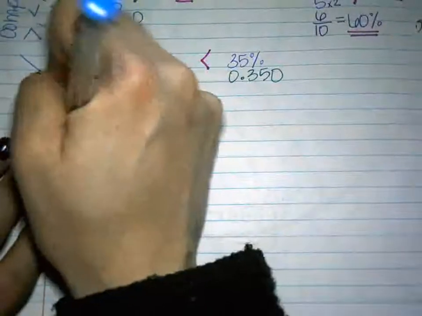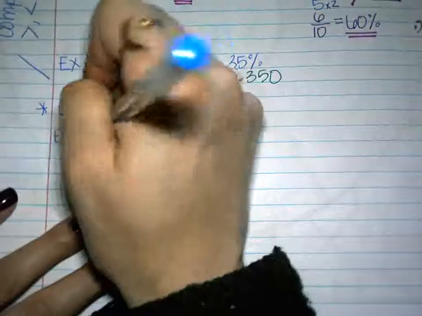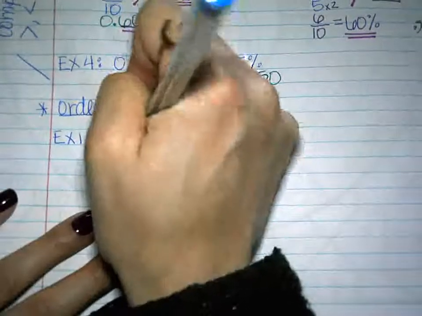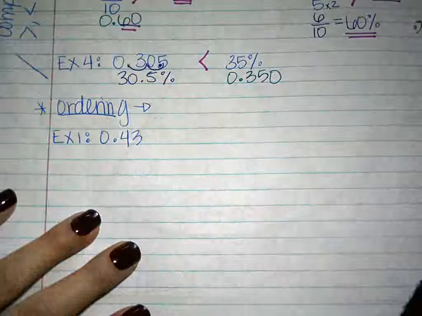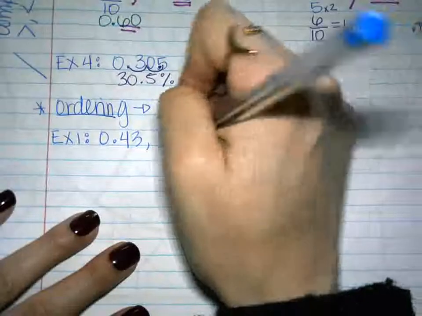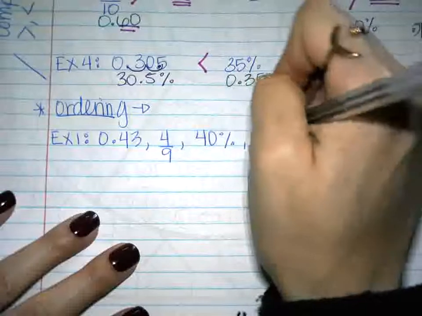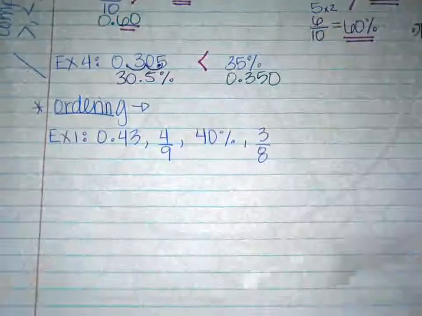You'll be given something like this: 0.43 or 43 hundredths, 4 ninths, 40%, and 3/8.